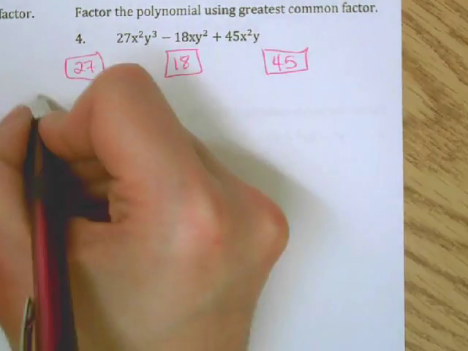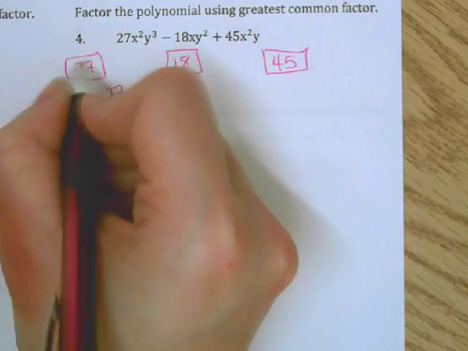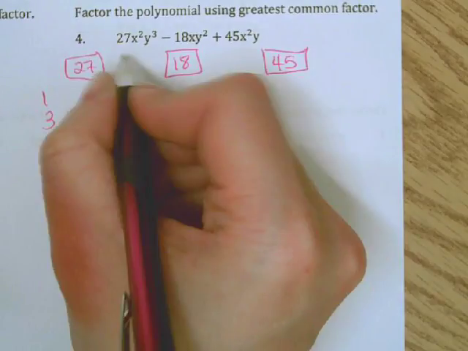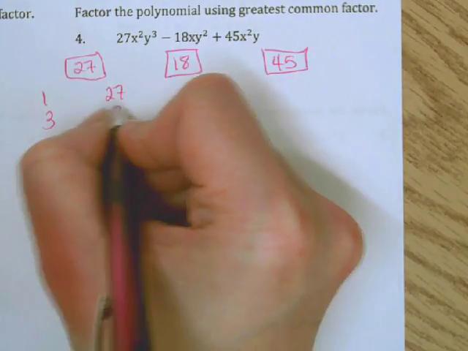So 1 and 27. 27 is not divisible by 2, so I'm not going to list 2. 27 is divisible by 3. 27 divided by 3 is 9.